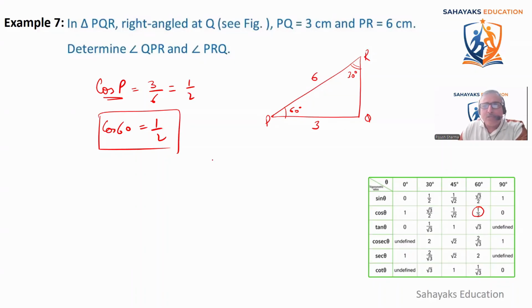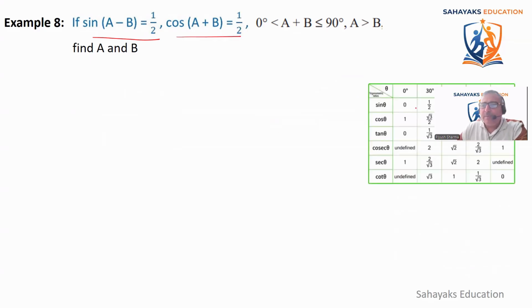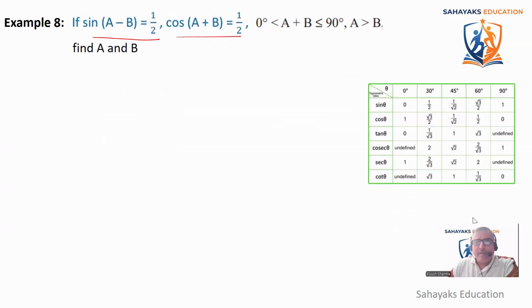So coming to the next question, it says sine A minus B is equal to 1 by 2 and cos A plus B is equal to 1 by 2. Now, if you remember this table, let me just open the table. Sine A minus B, what value of sine theta is equal to 1 by 2?